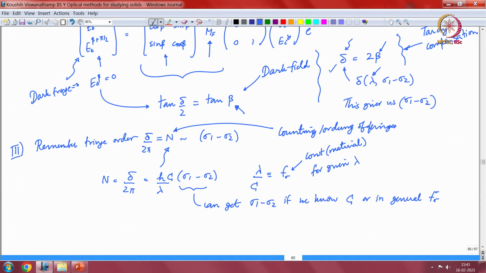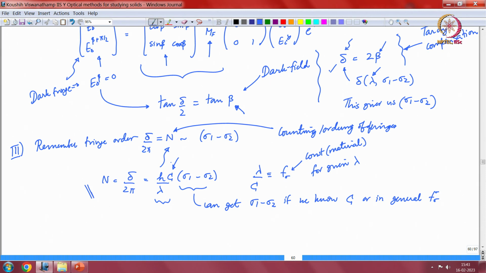And so, to figure out which n value you are actually dealing with, you have to do something called fringe ordering or fringe counting. And for that, you first write down what the fringe order is in terms of delta by 2 pi, that is written in terms of the stress optic coefficient and the principal stress difference. And so, if you know h, of course, because of the thickness of the sample, you know lambda wavelength of light, you need to know what c is.